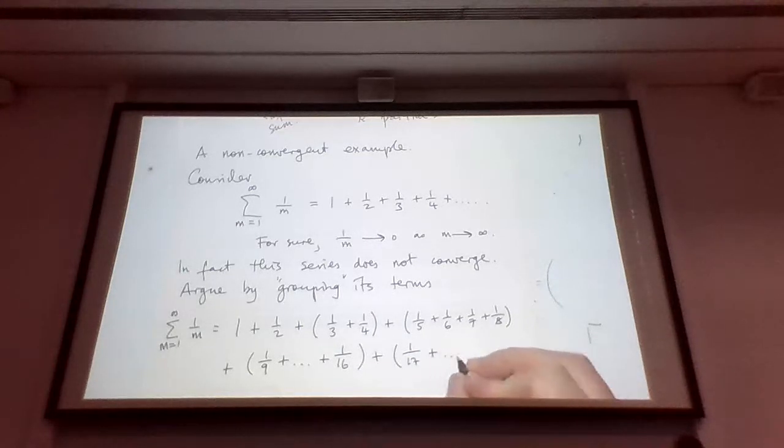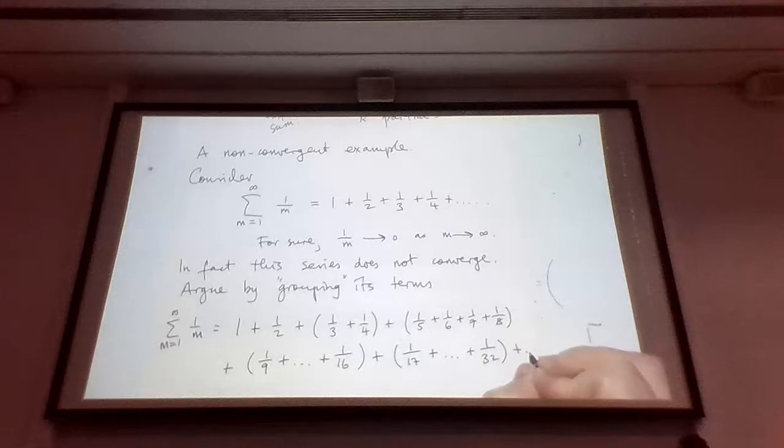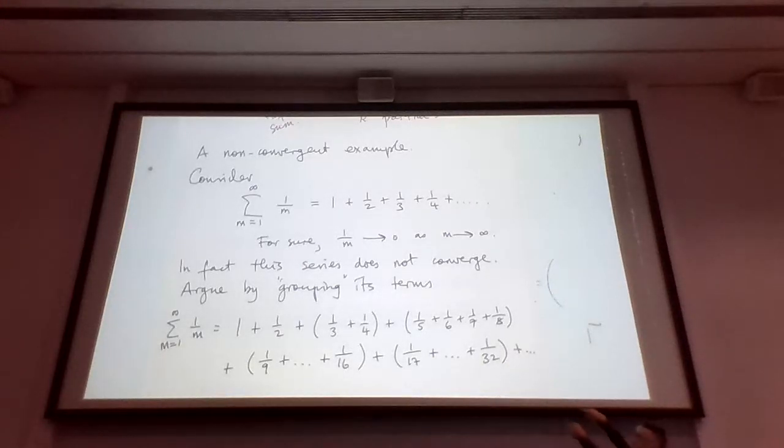Sorry, we're grouping together the next 8. Here we're grouping together the next 16, which will take us from 1 over 17 to 1 over 32. And we keep on going like this. Double the size of the group at each stage. Leave the first two elements alone, then we group 2, group 4, group 8, group 16.